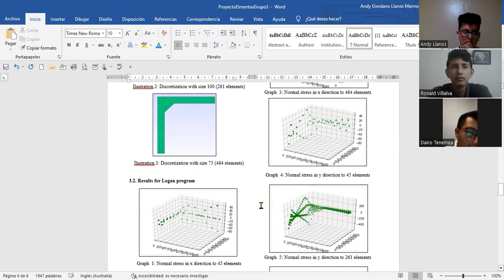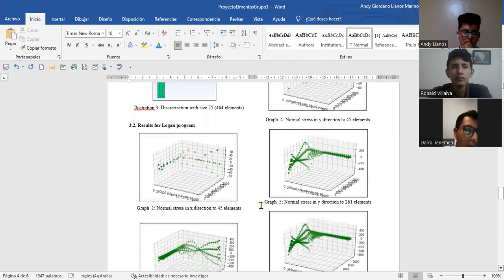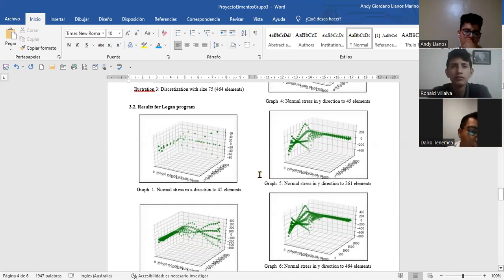That is true for the displacement. It only indicates the sign and the way the plate will deform.